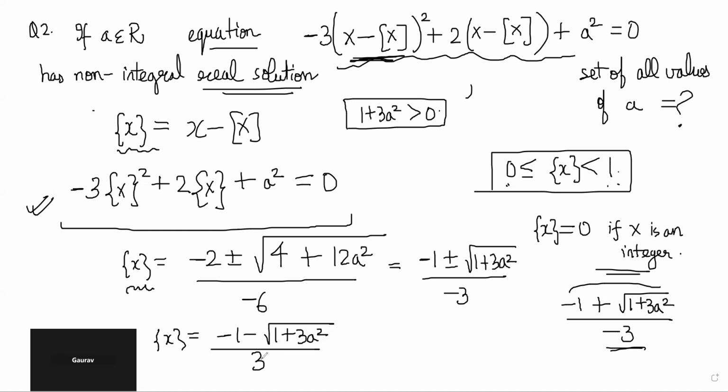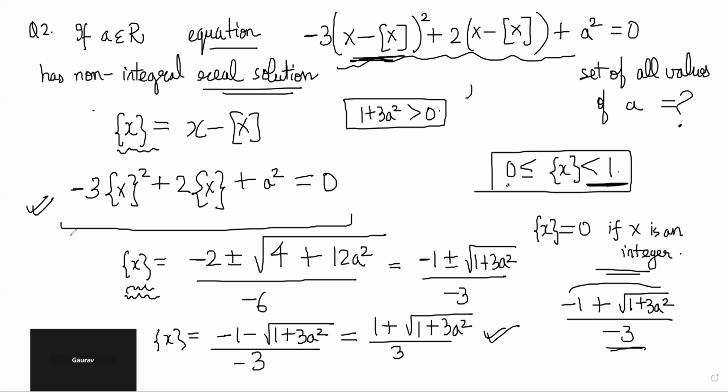So the only solution will be fractional part of x is equal to minus 1 minus root over 1 plus 3a square, divided by minus 3. So you can cancel the negative sign throughout. You will get 1 plus root over 1 plus 3a square by 3, right? Now you also have to ensure that this is less than 1, correct? For it to be a real fractional part solution, it has to be less than 1, right?